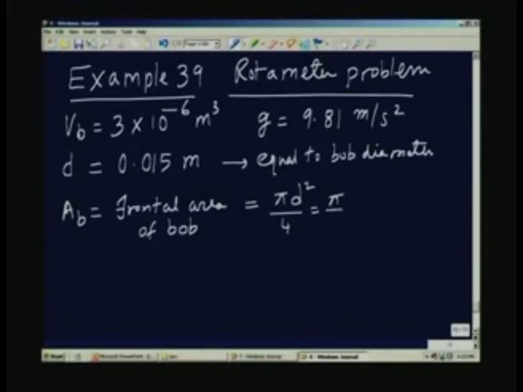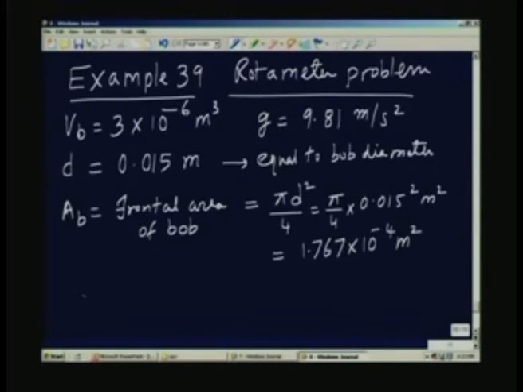So, pi by 4 into 0.015 whole square meters, and this comes to 1.767 into 10 to the power of minus 4 square meters. So, the frontal area of the bob is fixed.